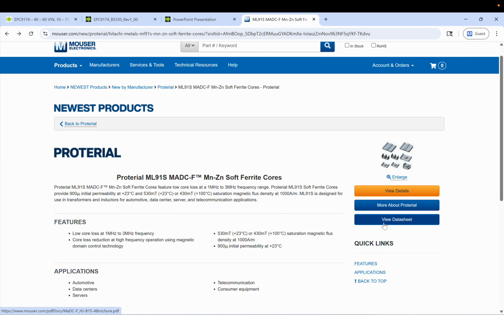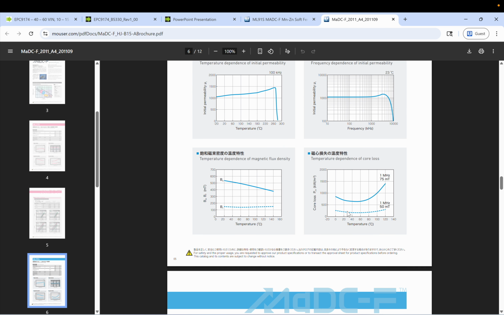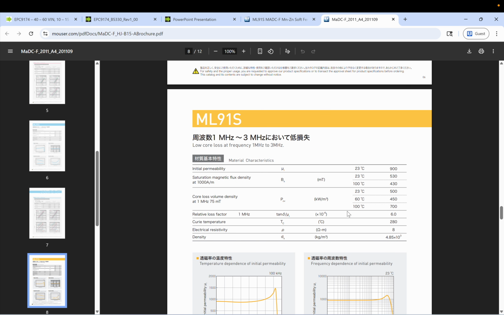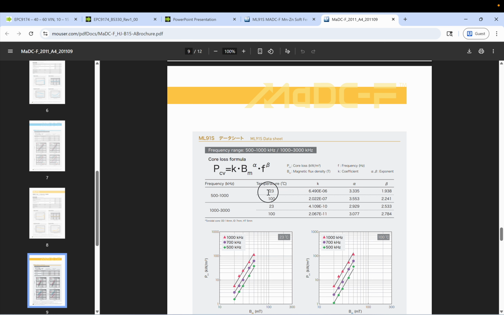Let me see, view datasheet and ML91S. All I did is just enter these coefficients here. You see, either you can enter these coefficients K, alpha and beta in the core setup.